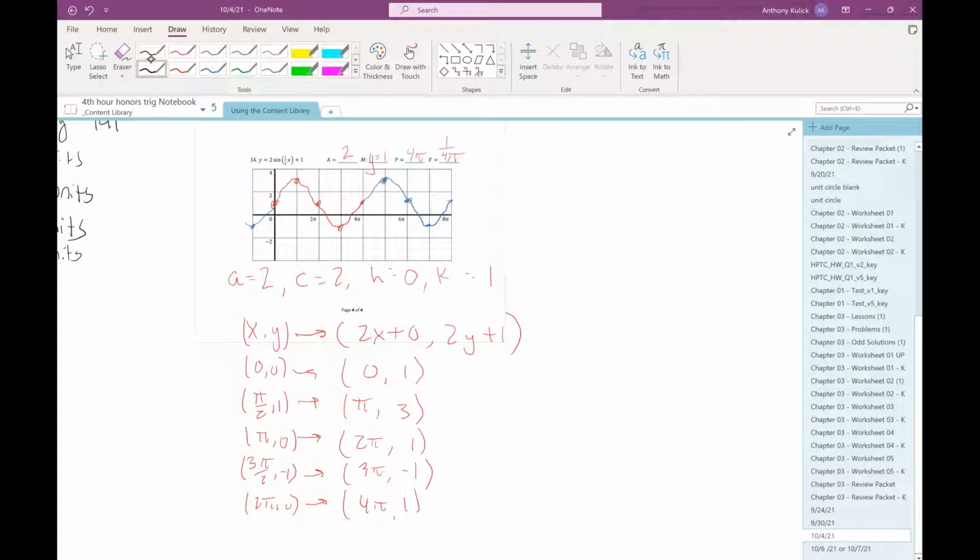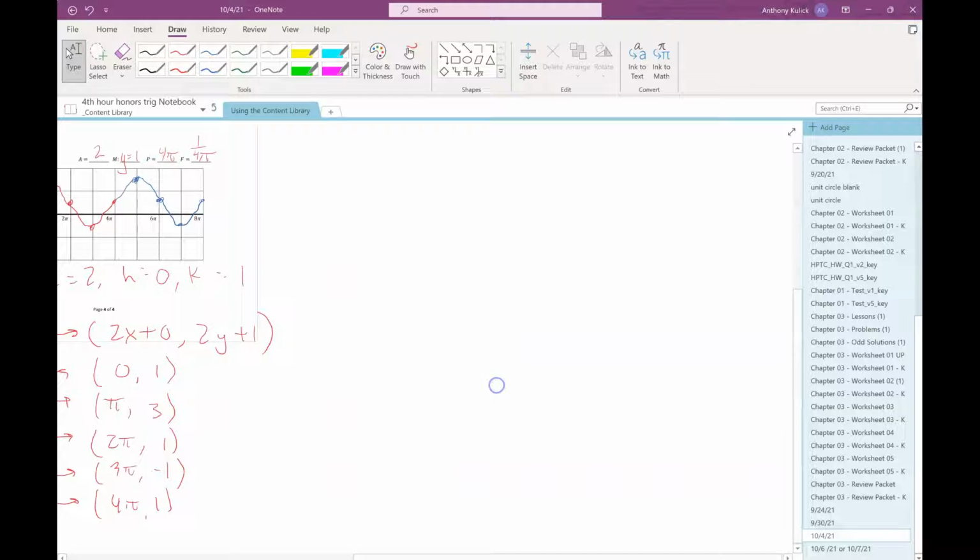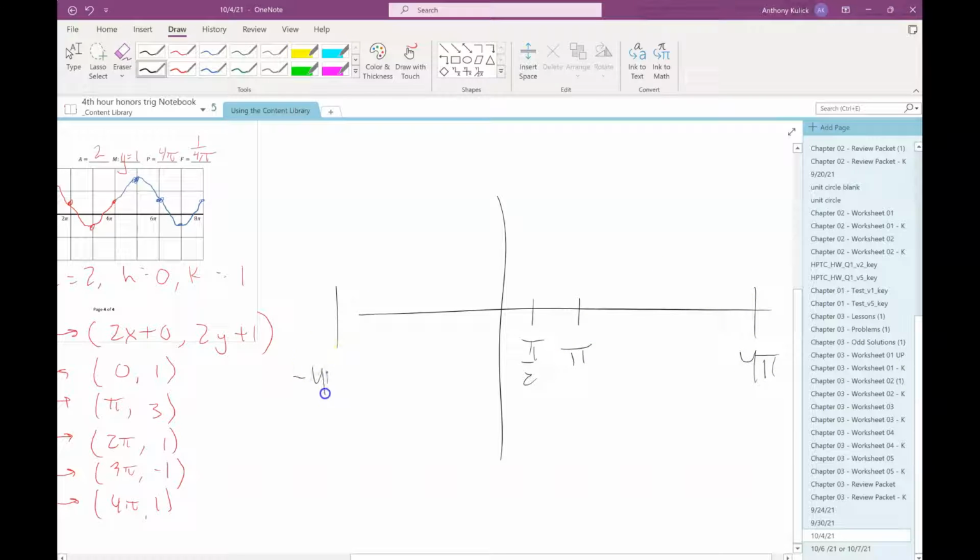Right. So on that one homework that I was trying to do, you start the same way. When you draw your grid, you're going to go, like, pi over 2, pi, and you just dot it out to 4 pi, and dot it out to negative 4 pi, and then draw your graph.